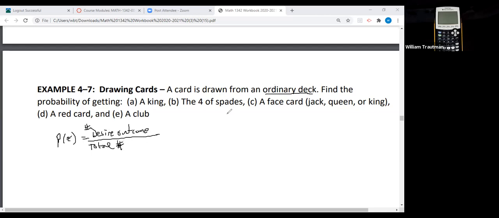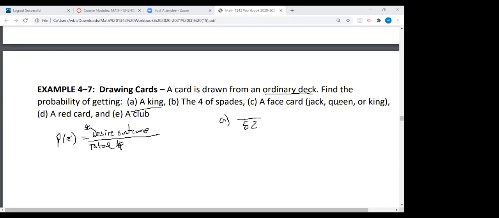Find the probability of A, of getting a king. So we know there are 52 cards in this deck. How many kings are there in a deck? 4. Yeah, there are 4. So what would this answer be?